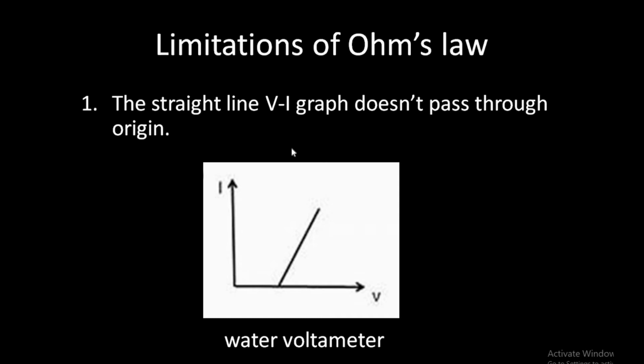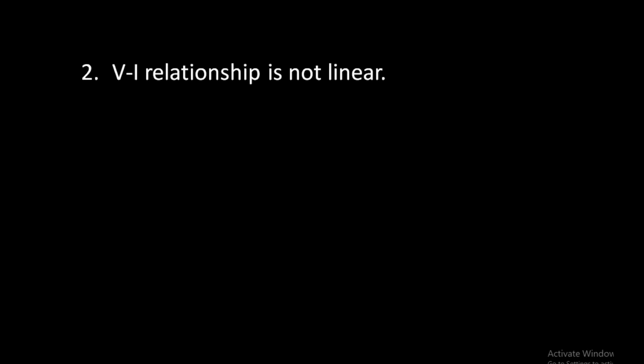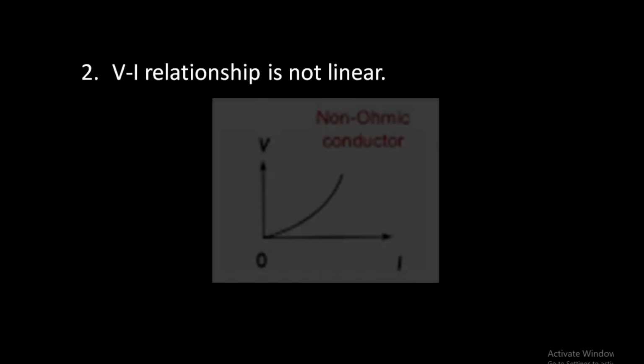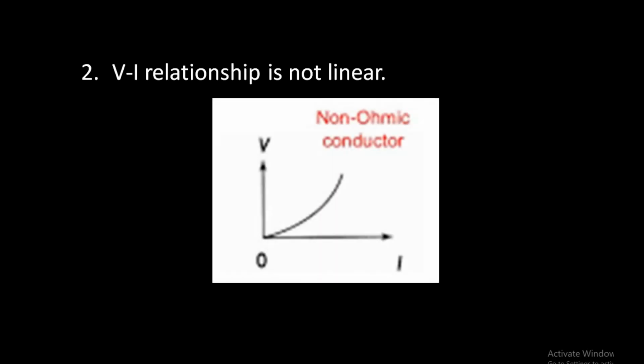Now, let's see the second limitation, that is the VI relationship is not linear. Previously, the VI relationship was linear, but it did not pass through the origin. But here, the VI graph passes through the origin, but the relationship is not linear.